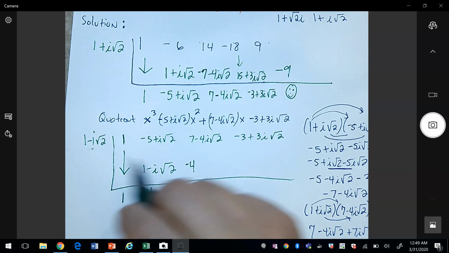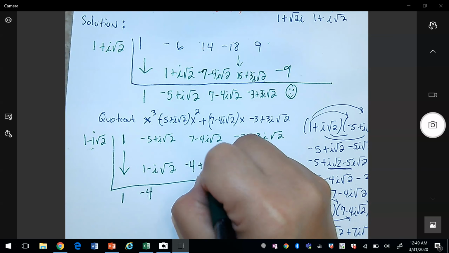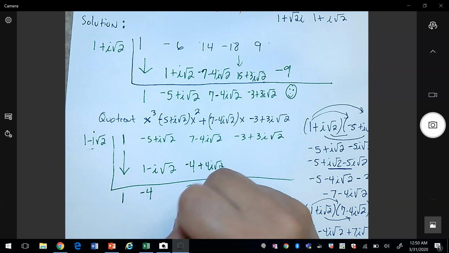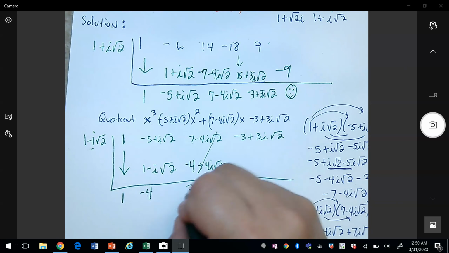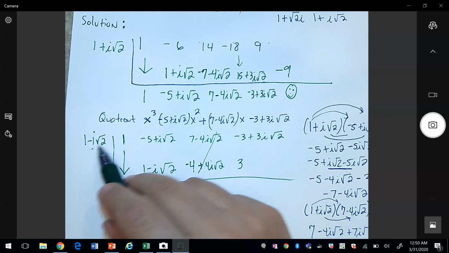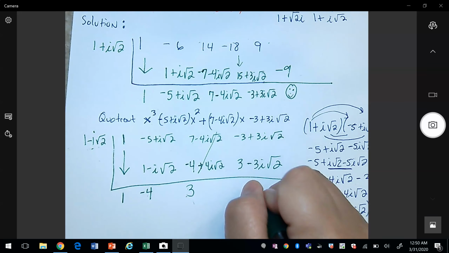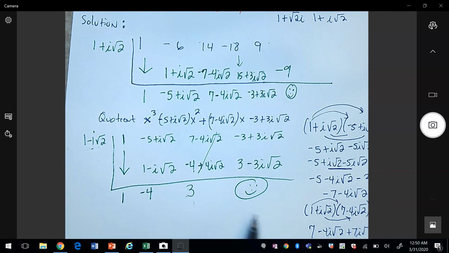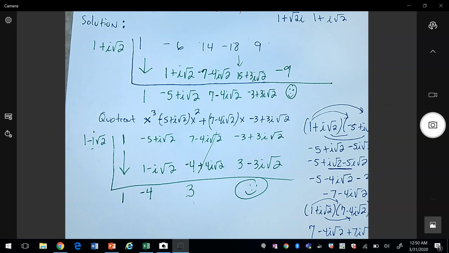Negative 4 times negative i square root of 2 is positive 4i square root of 2. 7 plus negative 4 is 3. These will cancel. And 3 times 1 is 3. 3 times negative i square root of 2 is negative 3i square root of 2, giving us 0. And so that makes us happy, because that means that this is really a zero as they told us.